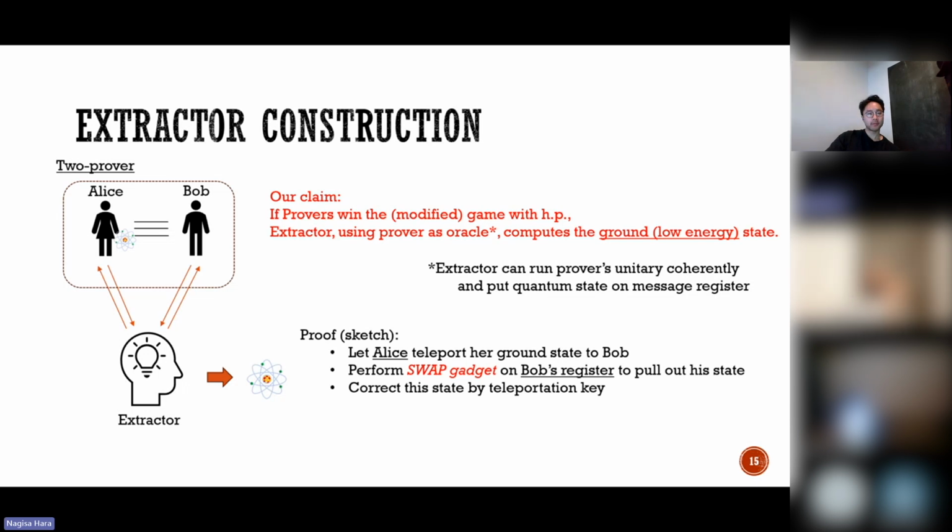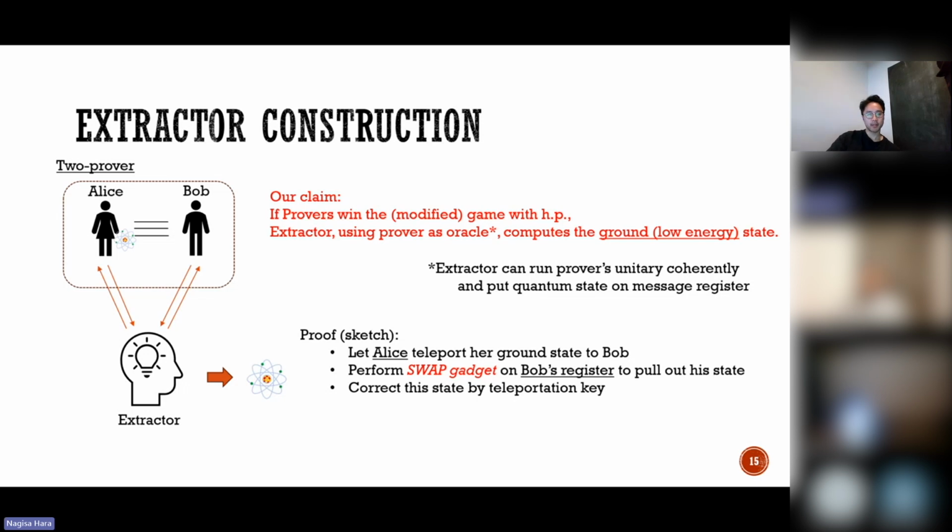The proof itself is rather simple. So first of all, the extractor, which can interact with the prover, lets Alice teleport her ground state, as in the actual protocol. And next, the extractor performs the swap gadget with Bob's register to pull out his quantum state, that is teleported from Alice.